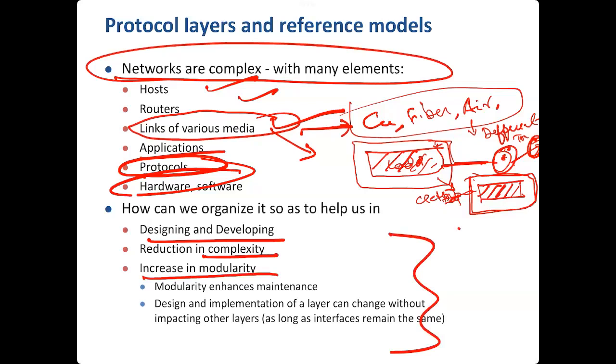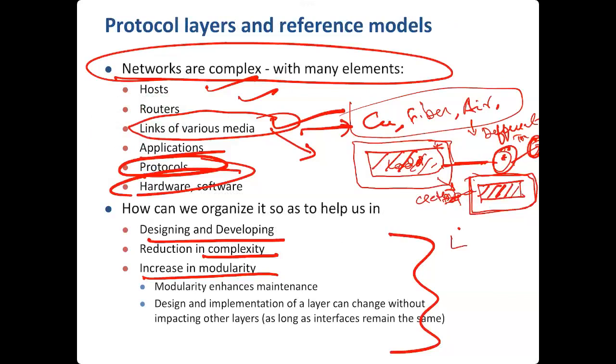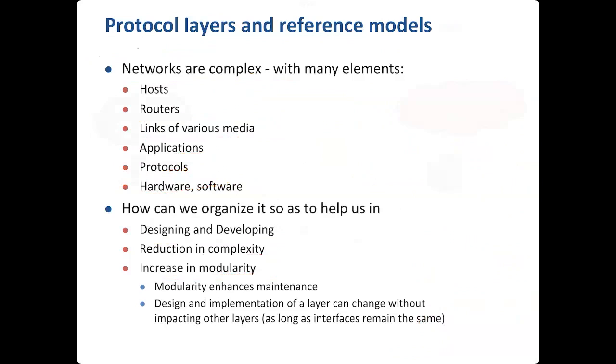When we say modularity, it means that a whole functionality is put into different modules such that if one module changes, and if the interfaces remain the same, then it does not impact the overall functionality of the network. For that, all we do is layering, which we studied, and we'll come back to this a little later.